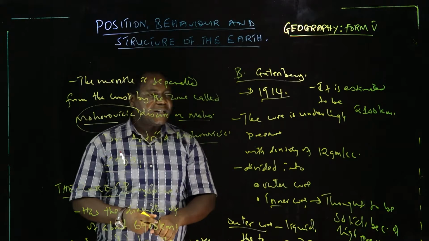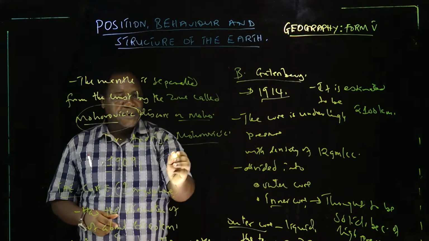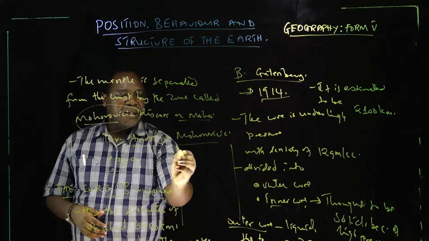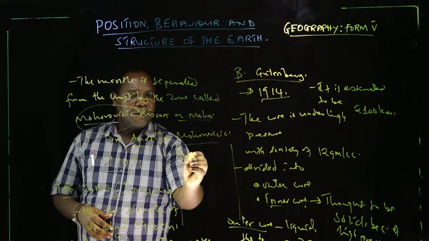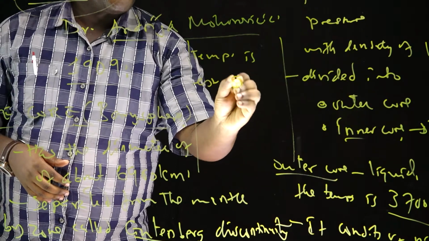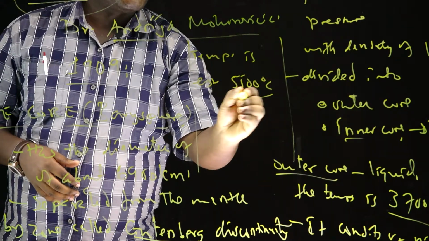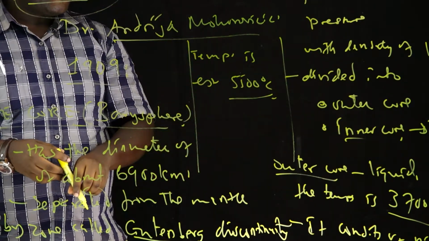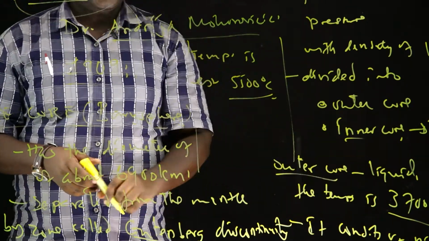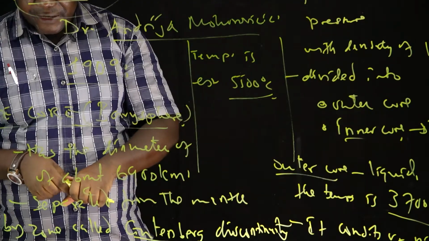The temperature of the inner core is estimated at 5500 degrees centigrade. Compared to the outer core, this is extremely hot.